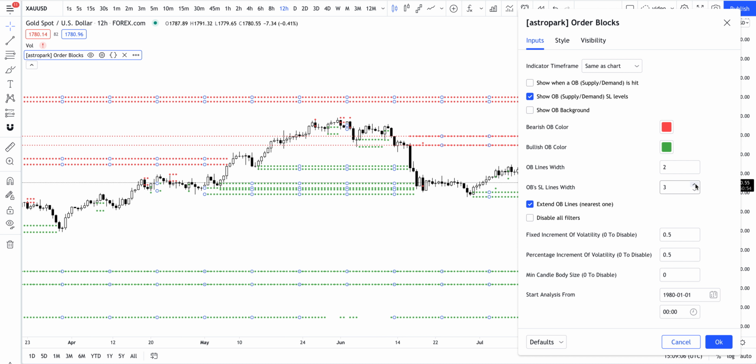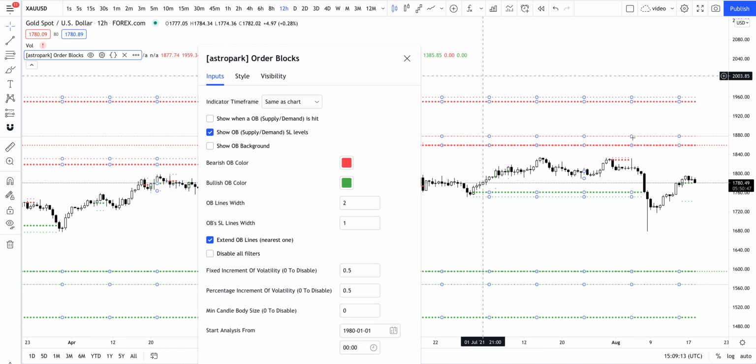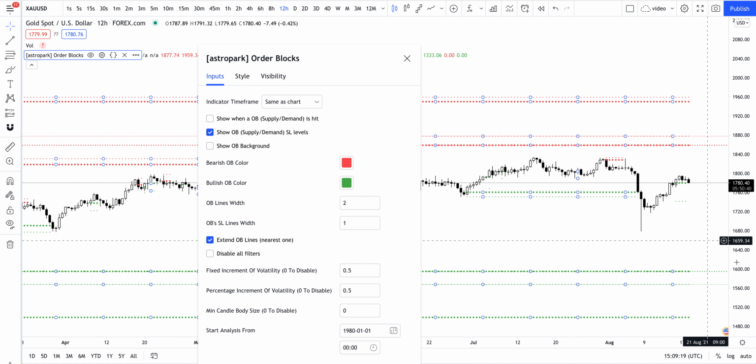In this case, I can increment and decrement this. This is an option that I like very much because I see very fast where is the end of the current active, the nearest one.